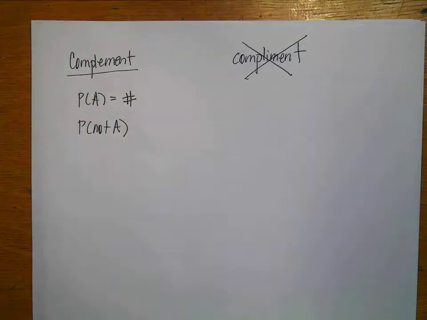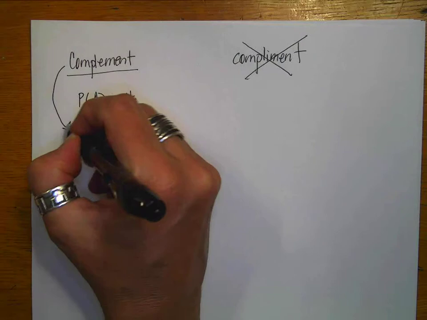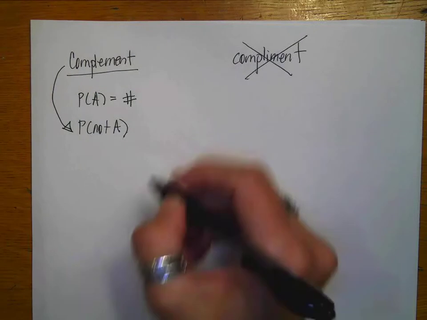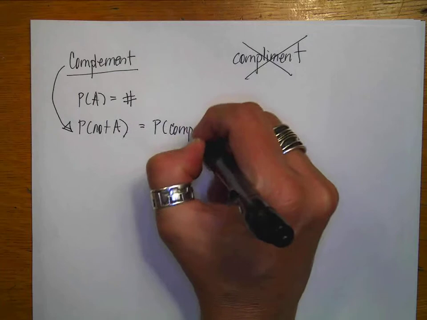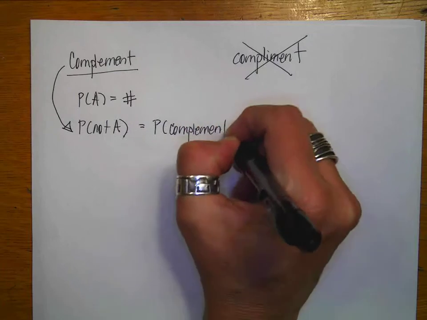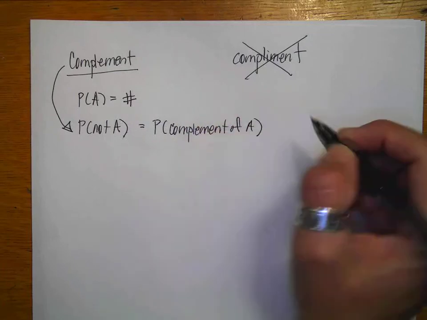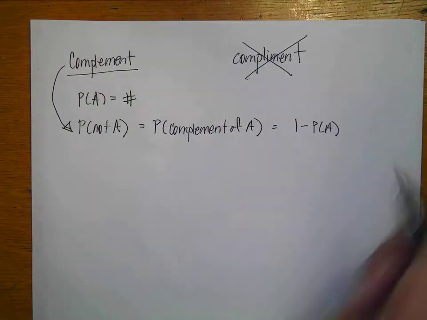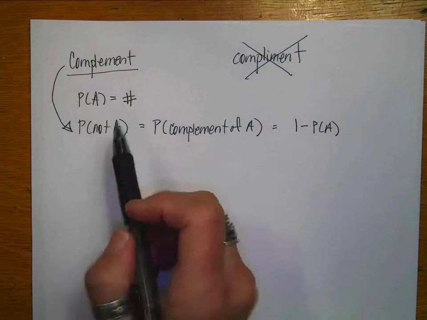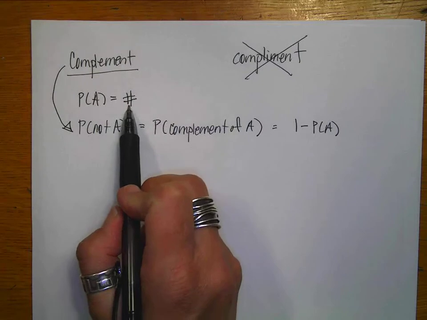Then the probability of not A, which would be the complement, so the complement is the opposite probability, is going to be 1 minus the probability of A.